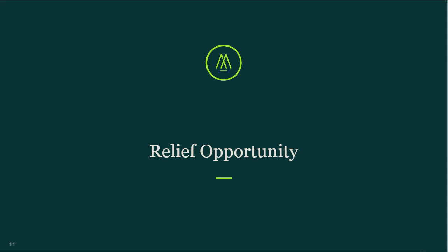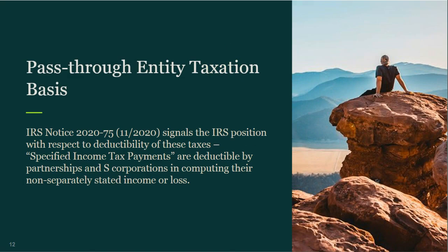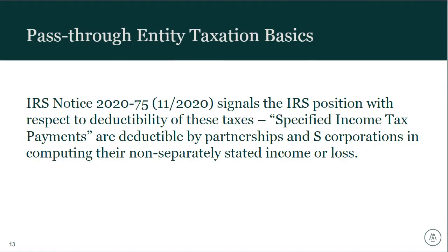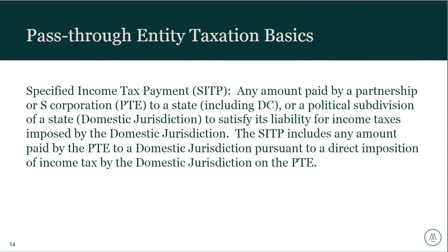And the IRS, in Notice 2020-75, which was issued last November, signals a willingness to allow payments made at the business entity level to provide a credit to individuals, and that credit is where the relief opportunity comes. So what does this mean? And there's some specifics in here about this being a specified income tax payment paid at the partnership or S corporation level on behalf of the individual.